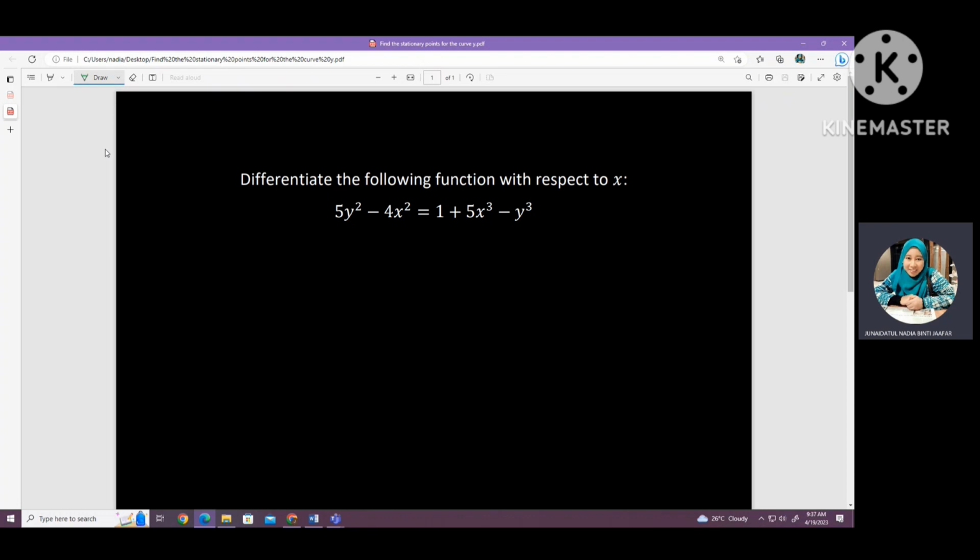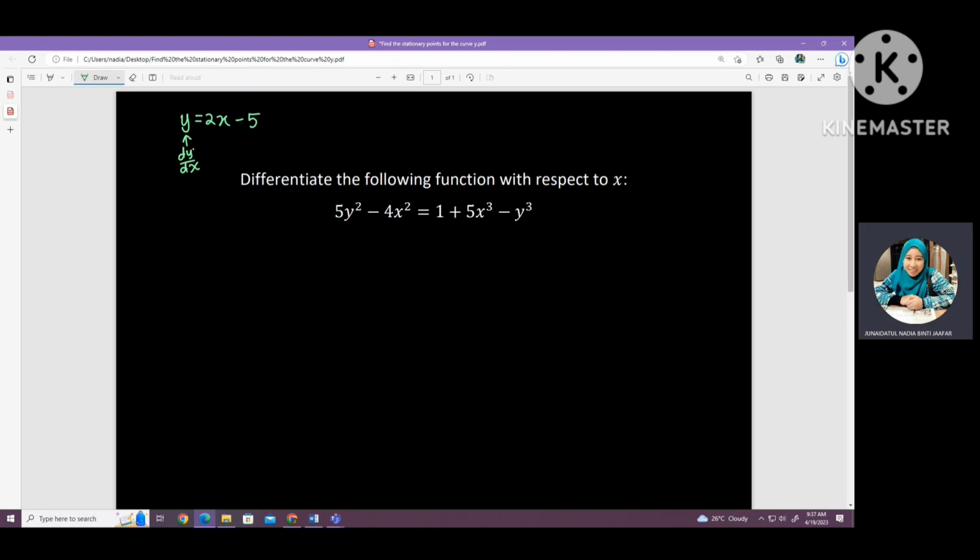All the functions were expressed explicitly, such as y equals 2x minus 5, for example, where the variable y is the subject of the equation. So we can easily differentiate the function with respect to x, which means we can find dy/dx easily.